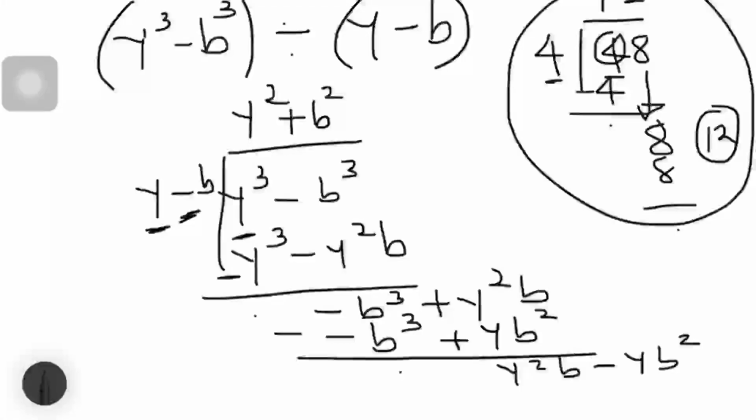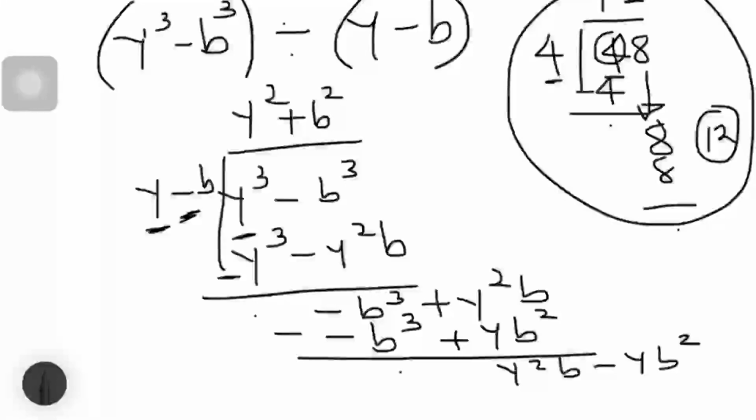Okay, now the next step is, now we have y minus b, and we have y squared b and then minus y b squared. So we have to be very keen and evaluate very well, because we want to know what we are going to multiply with y minus b.